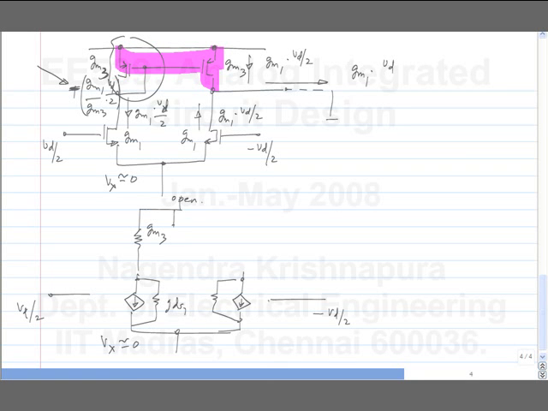And it has its GDS in parallel with it. And similarly, I have another GDS3 here and GM3. Okay. This is incrementally ground and the output is also incrementally grounded.